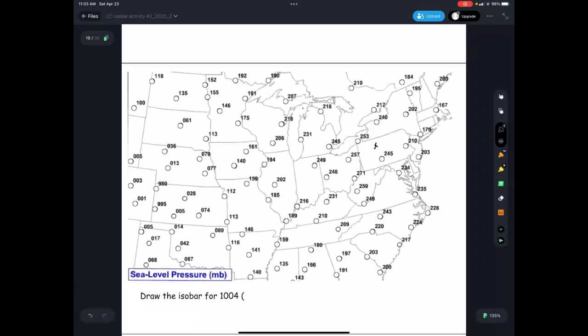Over here, I don't see anything close to 80. If I look here, oh, there's an 81 right there. So that's a good place to start. I can't put my dot there because 80 doesn't fall between 81 and 13. But that is a good place to start because 81 is very close to the isobar I want to draw.